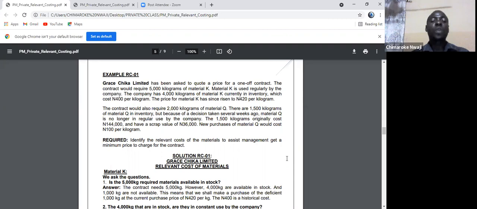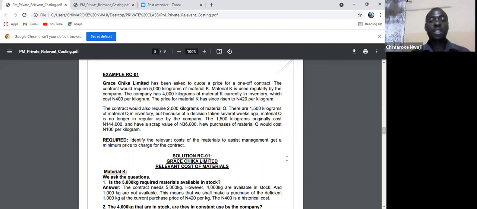The contract will also require 2,000 kilograms of material Q. There are 1,500 kilograms of material Q in inventory, but because of a decision taken several weeks ago, material Q is no longer in regular use by the company. The 1,500 kilograms originally cost 144,000 and have a scrap value of 36,000.